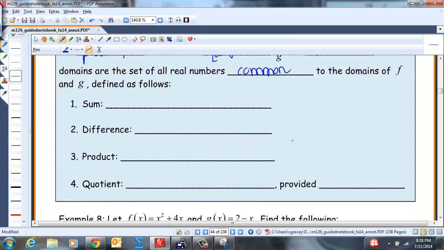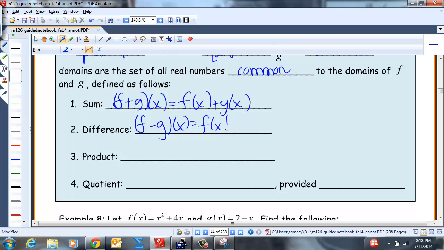So the sum, as we wrote before, f plus g at x is equal to f at x plus g at x. The difference, f minus g at x, is f at x minus g at x. The product, fg at x, is f at x times g at x.